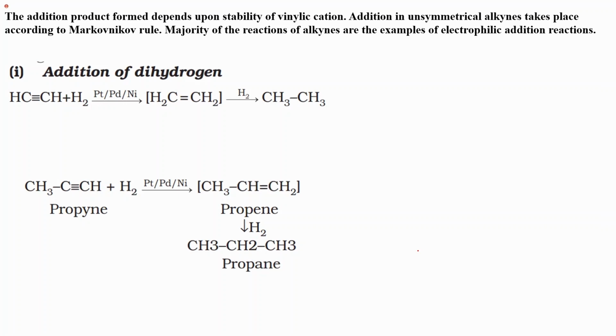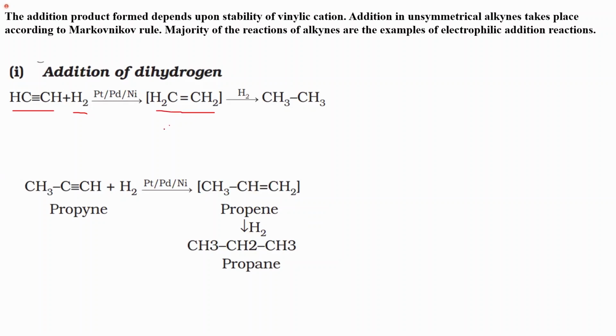So now suppose we have an addition of dihydrogen molecule. You have an acetylene moiety, and acetylene with hydrogen molecule and platinum, palladium, nickel gives CH2 double bond CH2. So now you have an olefin. This is called the alkene moiety.